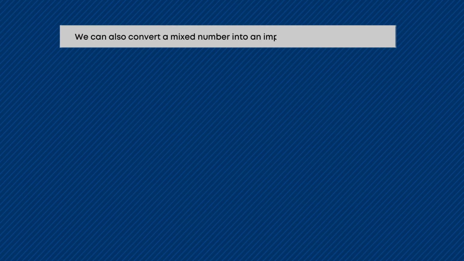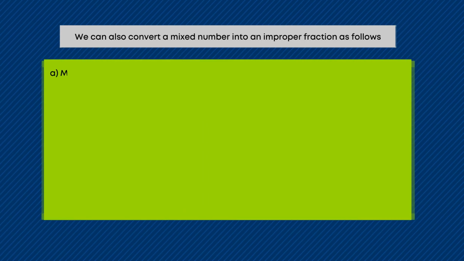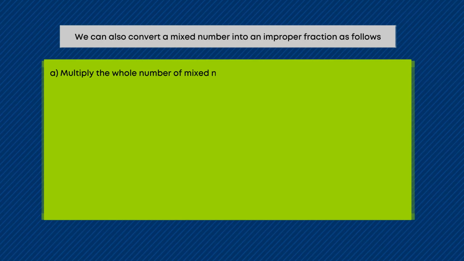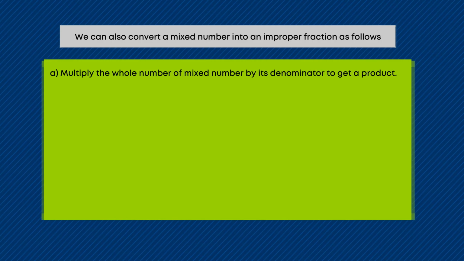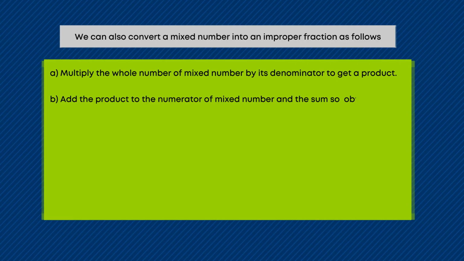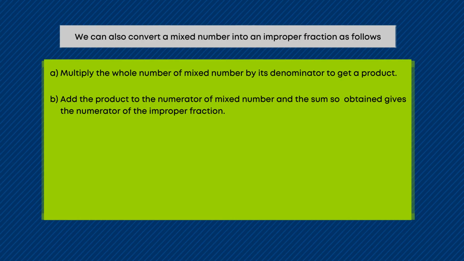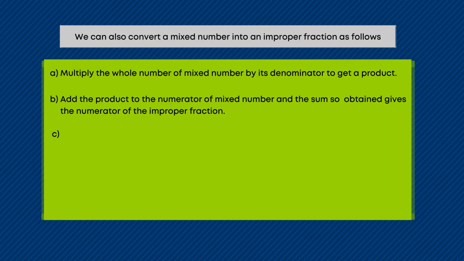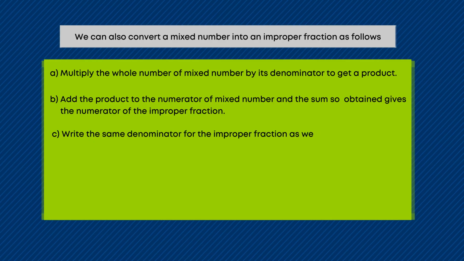We can also convert a mixed number into an improper fraction as follows. A. Multiply the whole number of the mixed number by its denominator to get a product. B. Add the product to the numerator of the mixed number, and the sum so obtained gives the numerator of the improper fraction. C. Write the same denominator for the improper fraction as well.